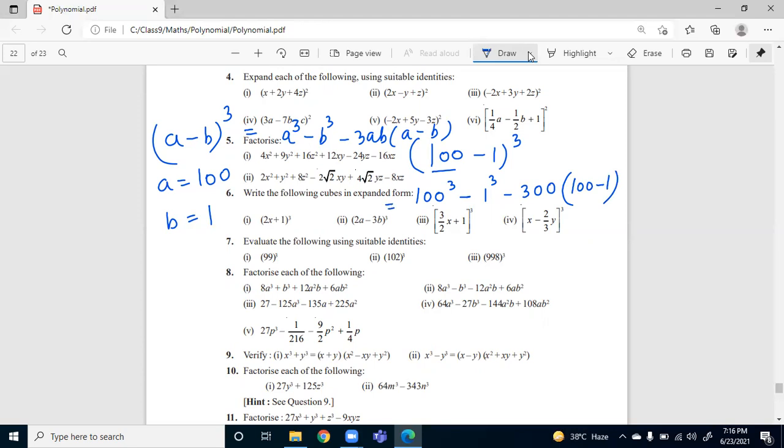Okay, so whatever is the identity, I have substituted the value of a and b in that. And in our case, a is 100 and b is 1.